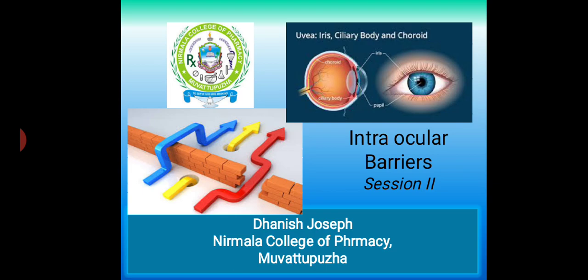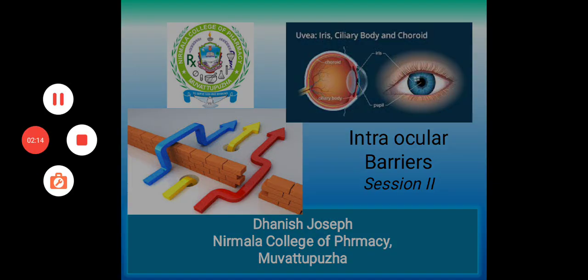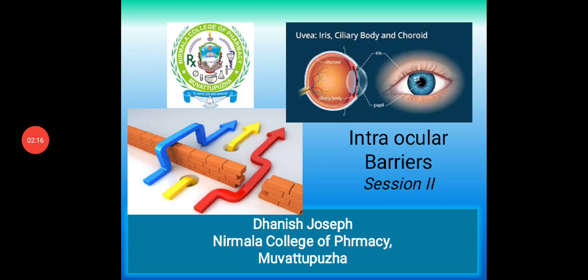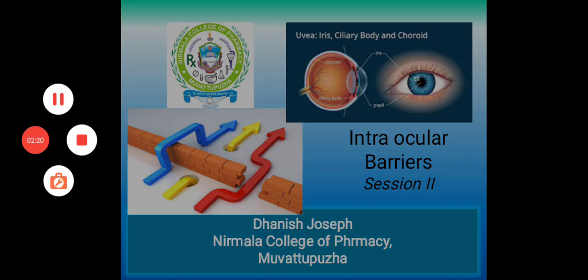And the anterior segment dynamic barriers include tear drainage, conjunctival lymph and blood flow, and aqueous barrier. We discussed this in our previous session. So today we are going ahead with another topic, that is the posterior segment.